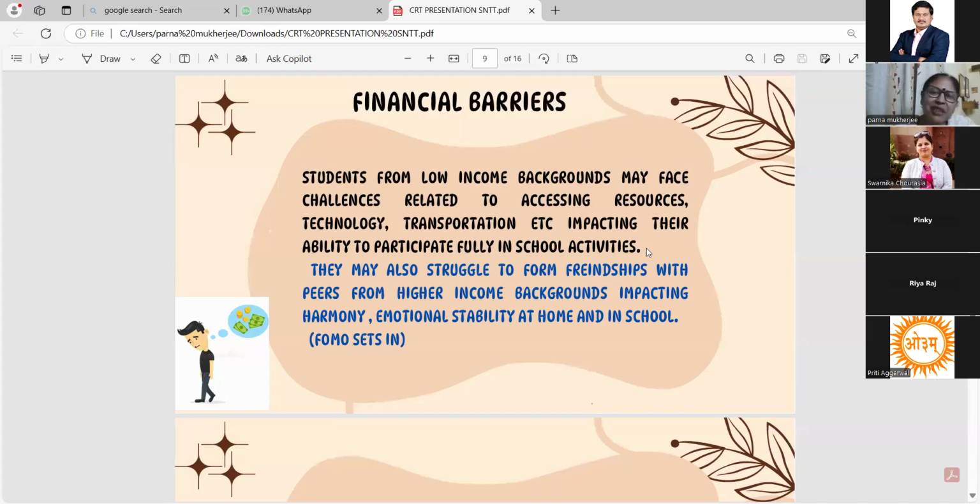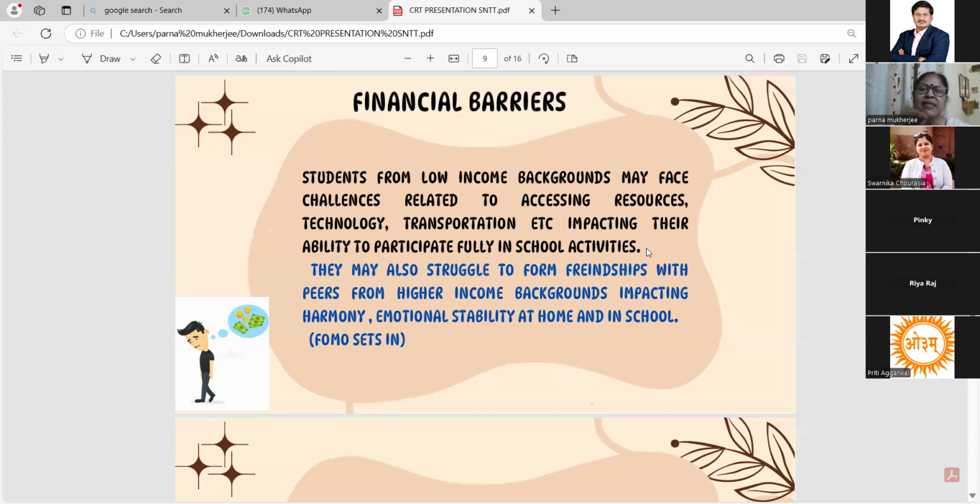Or when we assign them some activities, like make a PowerPoint presentation, though today most of the things can be done on mobile and everybody has access to a mobile, still there is a possibility they may not be having the best of the gadgets with them. So somewhere they feel left out.